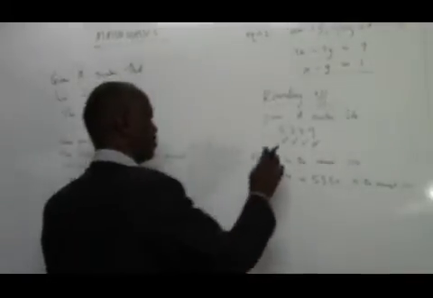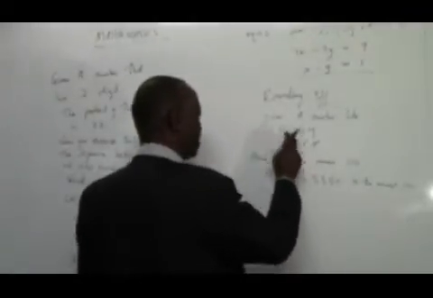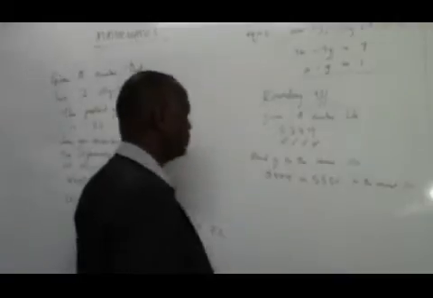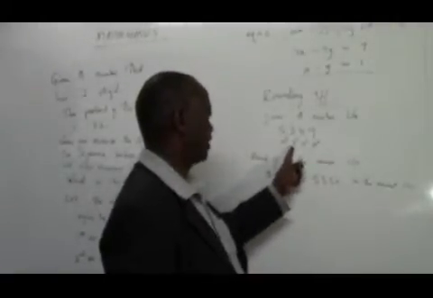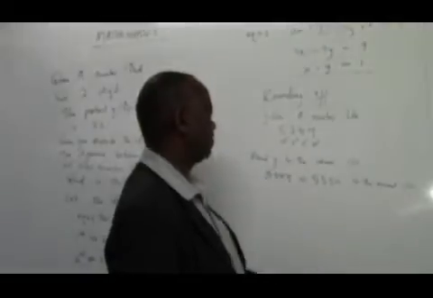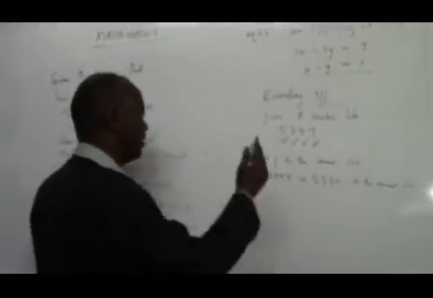If I want to round it off to the nearest 100, I will come to this place and look, the number below it is 4, which is less than 5. So I will discard.